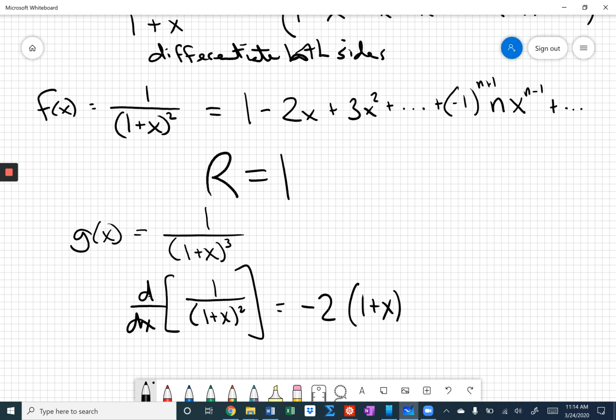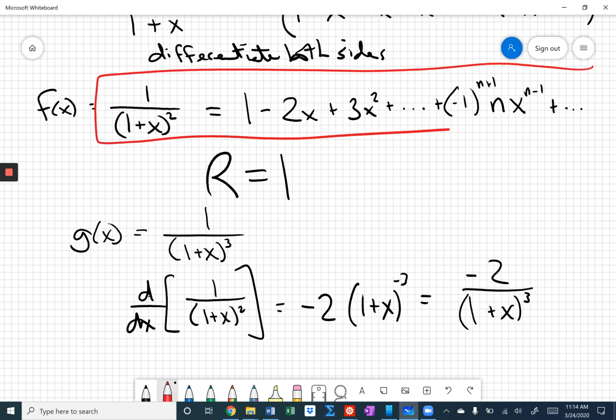And then multiply by the derivative of the inner, that's just 1. So that's negative 2 over 1 plus x quantity cubed. Okay, so if I take the derivative of the power series that we generated way back up here, then I'm going to end up with this -2 times what I'm looking for. And so I can balance out that -2 with a little simple arithmetic.